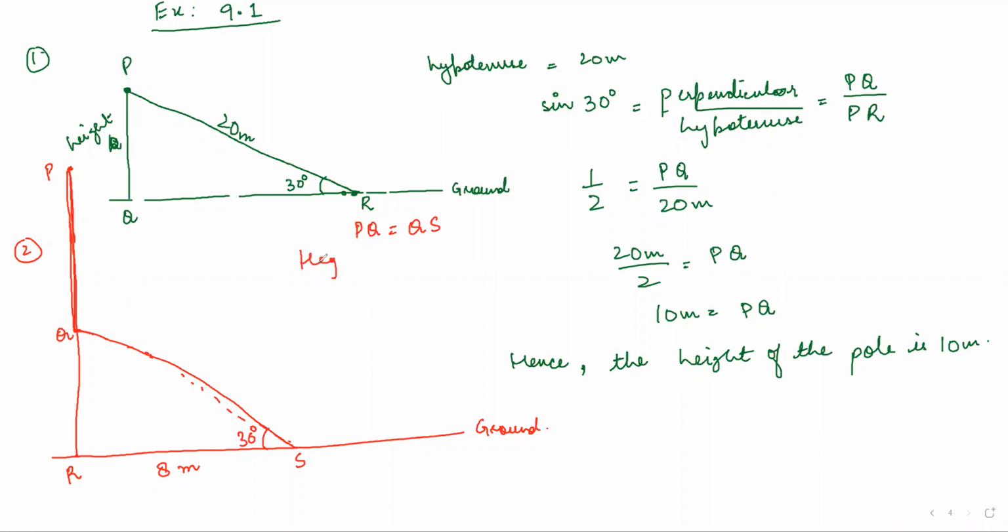First of all, tell me from this diagram, how much is the PR. Yes, height of the tree is actually PR. Okay. And PR is what? Is PQ plus QR, right? How will we do it? Let me erase a little bit.